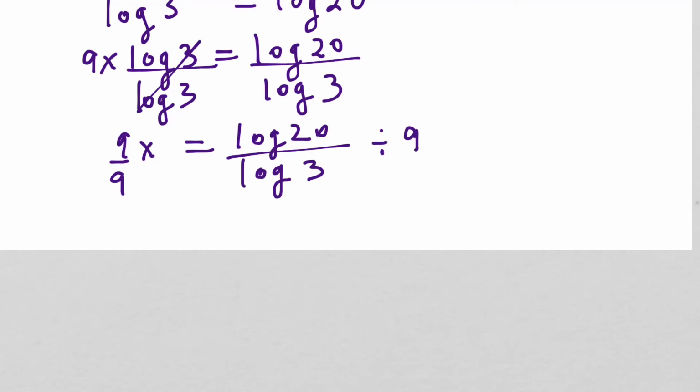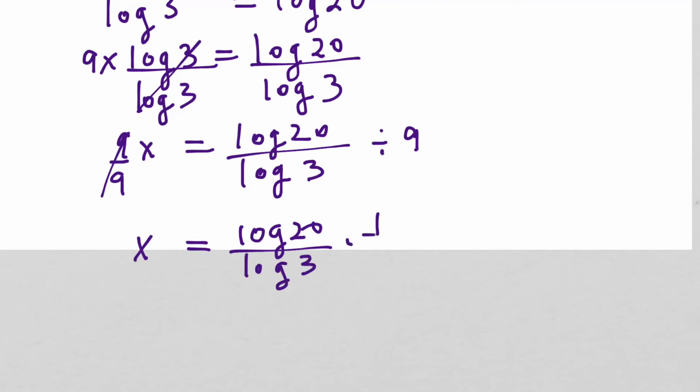Now remember, when you divide by 9 and you've got a quotient already on the right side, you're multiplying by 1 over 9, flip and multiply. So it's the same thing as saying I have a 9 in the bottom, which then you would write log 20 divided by 9 log 3.